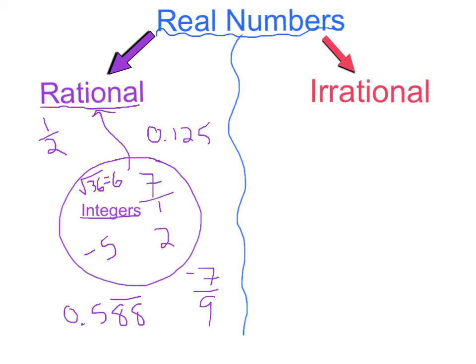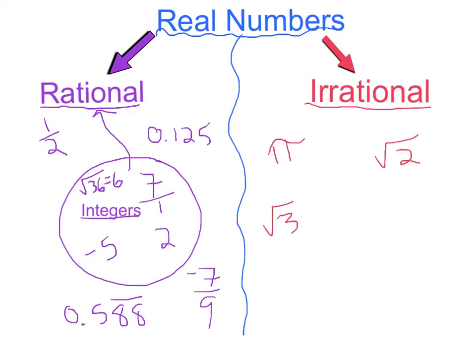And now, today's lesson, we're moving on to irrational numbers. So I already gave you a couple examples, pi, square root of 2, and there's actually a lot of them that end up being square roots, but not always.